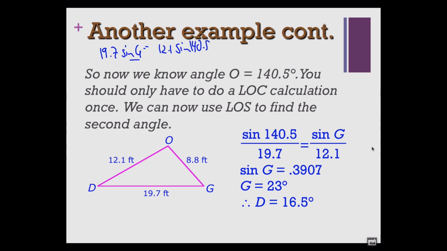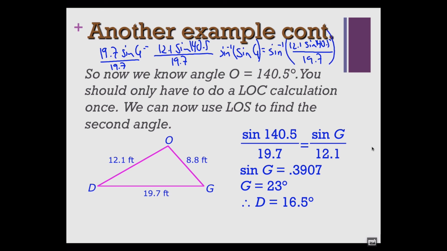Okay, divide both sides by 19.7. So that gives me the sine of G is equal to 12.1 times the sine of 140.5 over 19.7. How do I get G by itself? Inverse sine of this side, which means I need the inverse sine of this side.